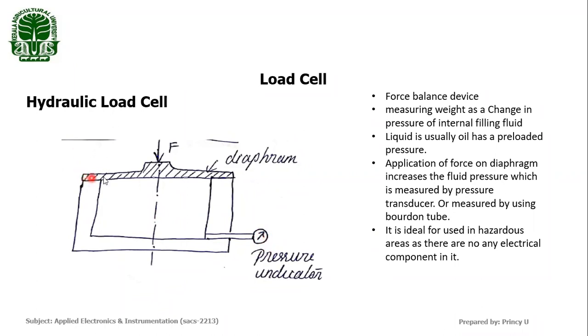And we close this chamber by using a diaphragm. So when we apply the force which is to be measured on this diaphragm, we know that the diaphragm will deform its structure when we apply a force on it. So when the diaphragm deforms, what happens? The liquid filled in this chamber will get a pressure on it.